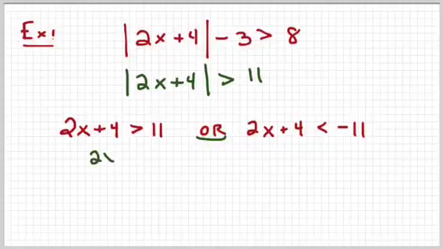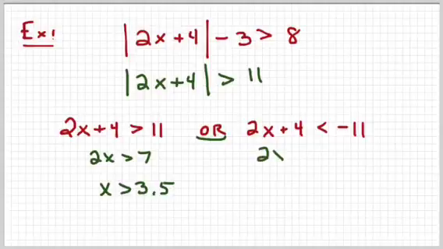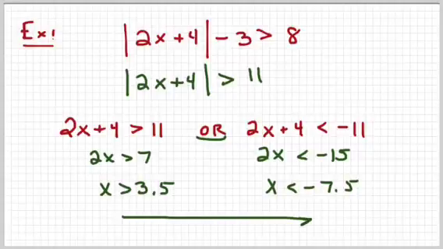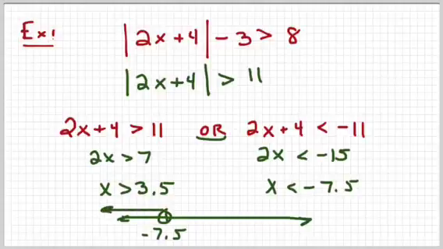So let's just solve these. 2x is greater than 7, x is greater than 3.5, or we'll subtract 4, that's negative 15, so x is less than negative 7.5. So we are outside, if we look at the graph, we're less than negative 7.5 this way, but we're greater than 3.5 that way.